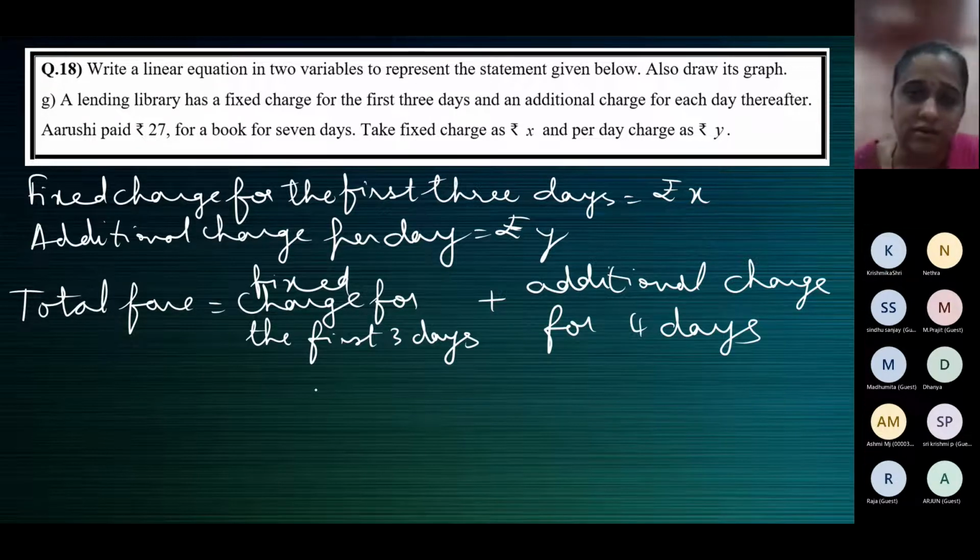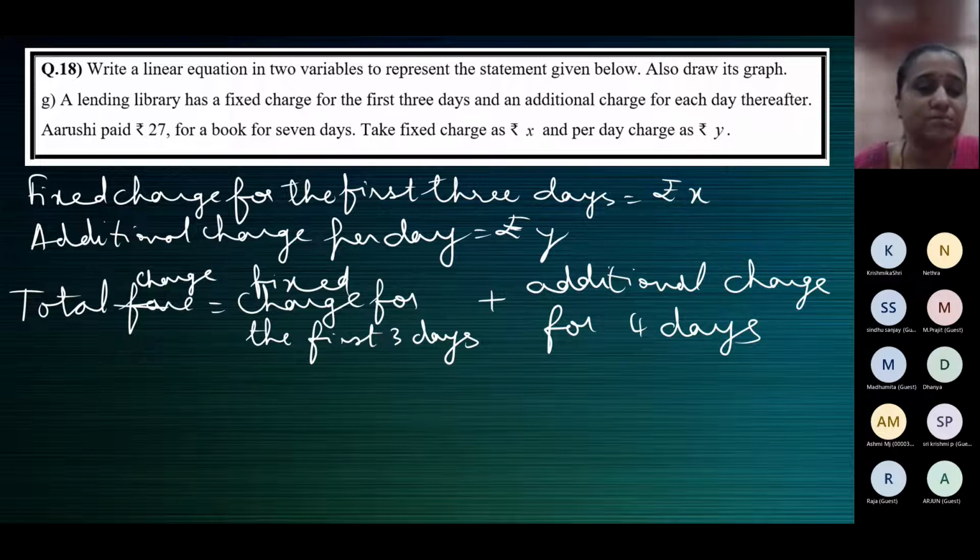The total charge for the 7 days will be the fixed charge for the first 3 days plus the additional charge for the 4 days. 7 minus 3, 4 days.